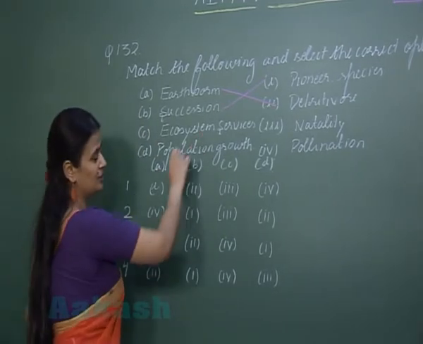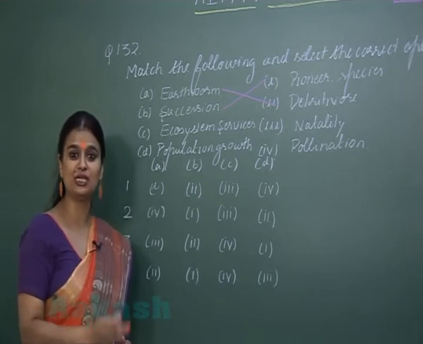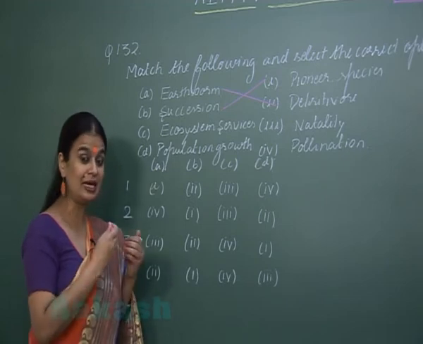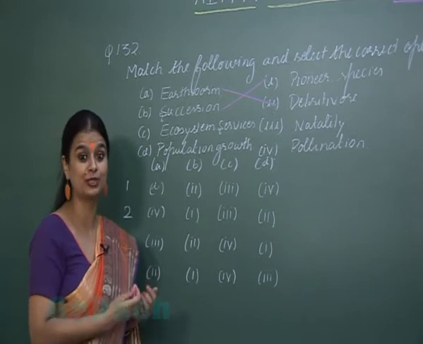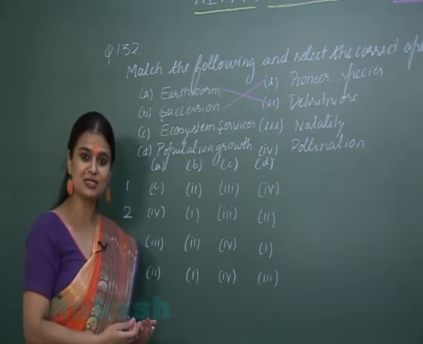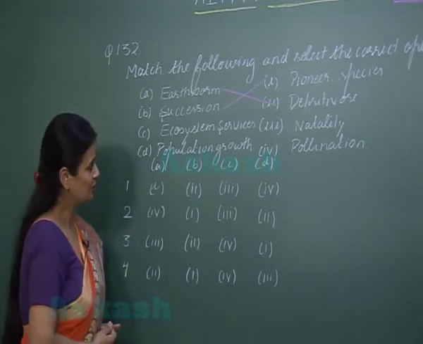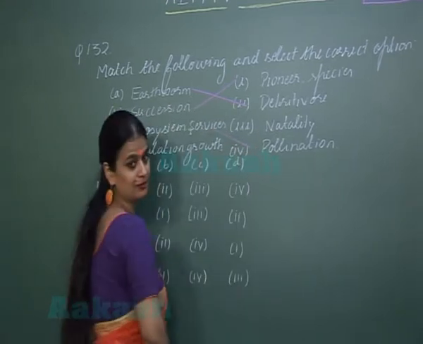Ecosystem services are products of ecosystem processes. Yes, like the indirect benefits we are getting from ecosystem products. One example of that benefit is pollination.